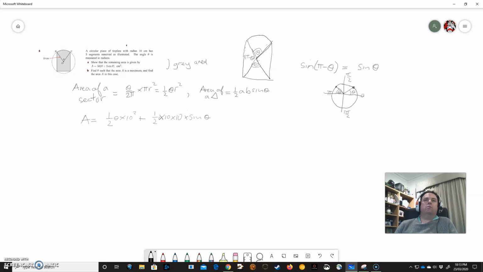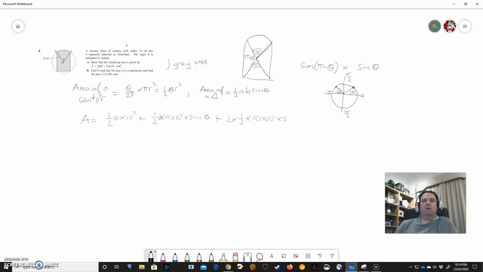Okay, and there's two of those. Oh no, there's only one of those, but there's two of these other ones. So that would be 2 times a half times 10 times 10, everything's 10, this is the radius of the circle, but the angle here is pi minus theta.